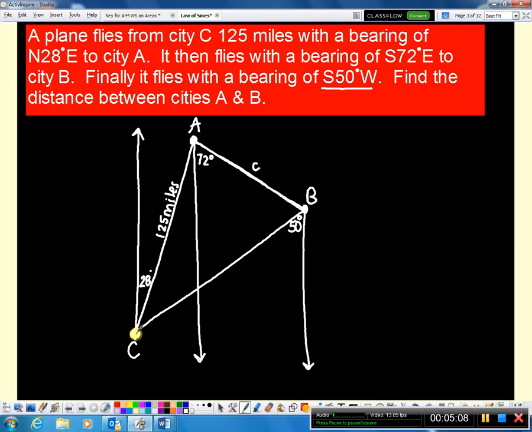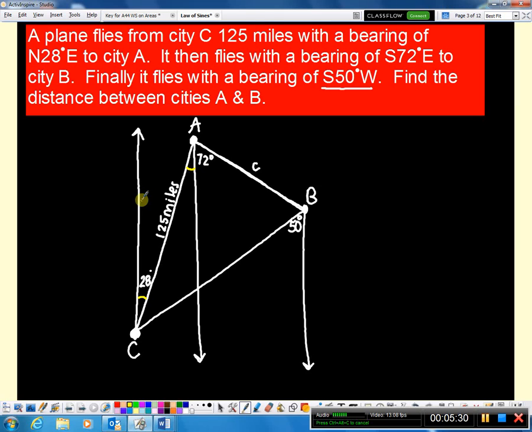Now, I have no right angles, so this is not a right triangle trig problem. What I need to do is begin looking for things like alternate interior or same side interior angles. Do you see that this angle and this angle are alternate interior angles?